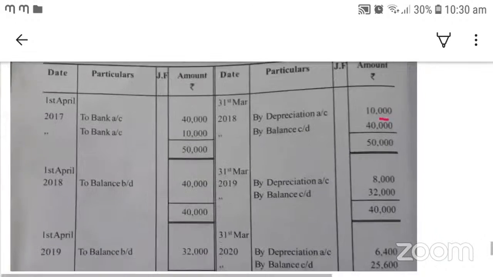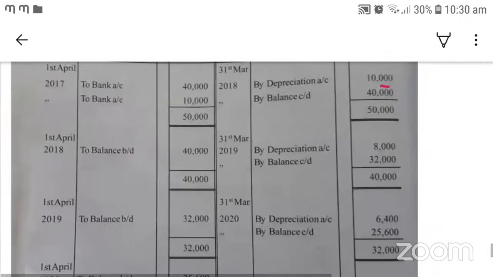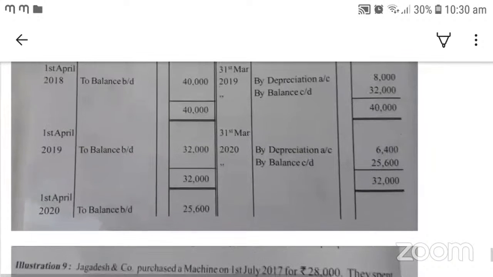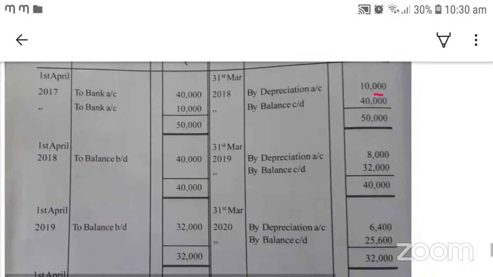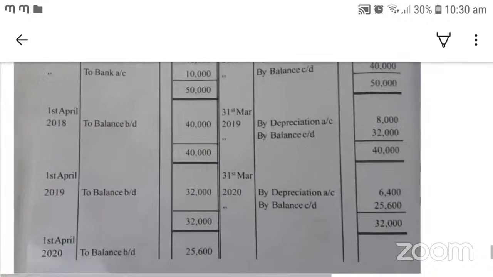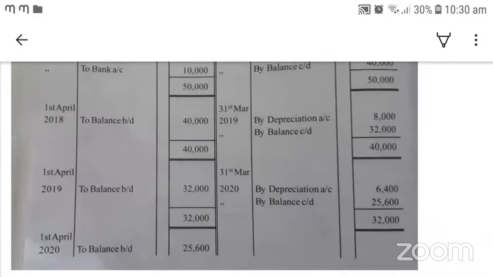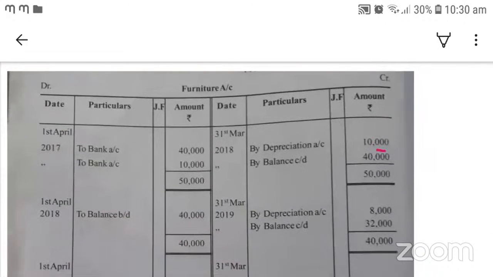If you are working in a company, you have to provide the depreciation as long as the life of the asset. But here, from this point of view, we have to prepare for 3 years only. Okay, we have prepared the machine account, the furniture account, for the 3 years.